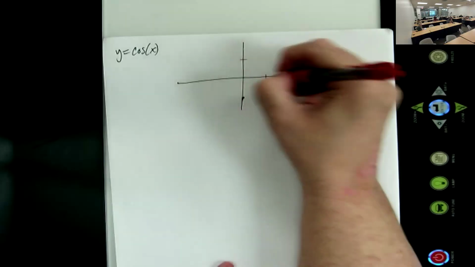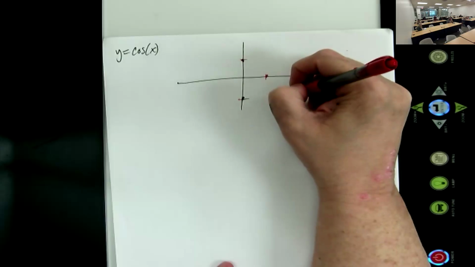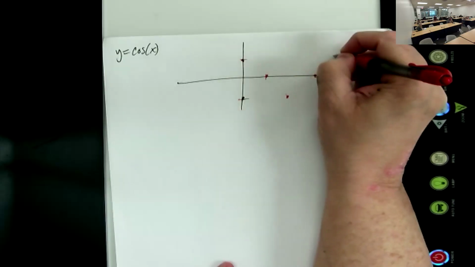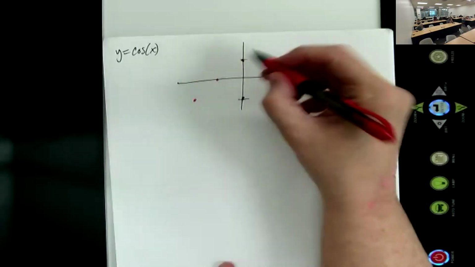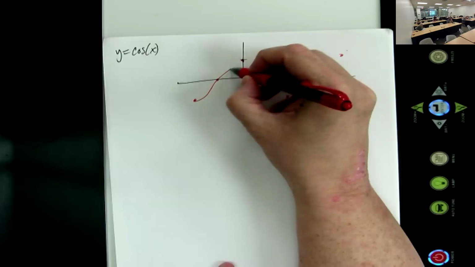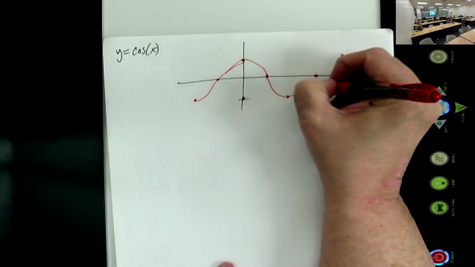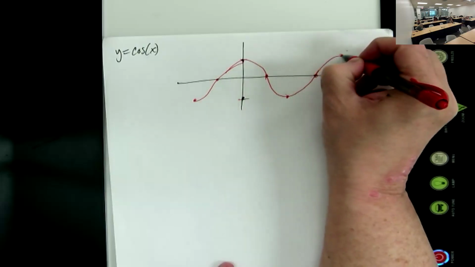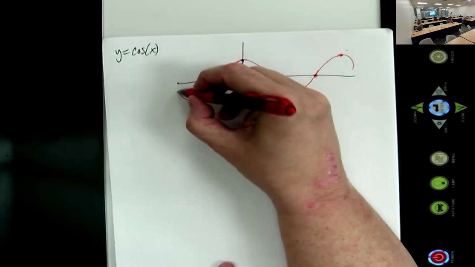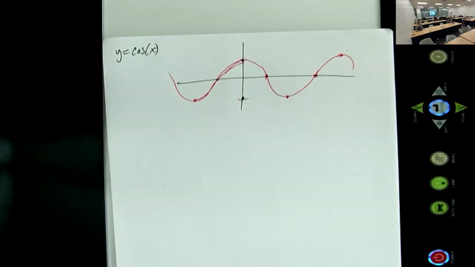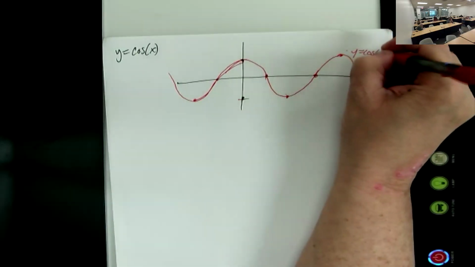That one starts high and goes low and comes back up. That left side of the graph looks terrible. So y equals cosine x.